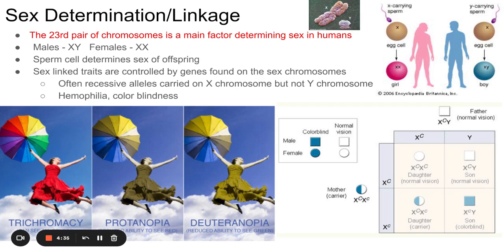Females have typically 2 X chromosomes. And so for a male to get a disease that's caused by a recessive gene, like color blindness, they only need to inherit 1 of those genes. For a woman to get color blindness, she needs to inherit it from both parents. So it's less likely for women. And color blindness is an example. Color blindness is sex-linked.